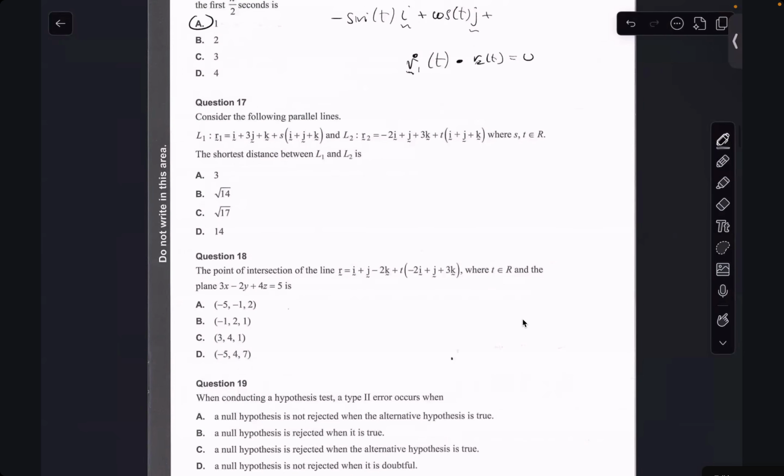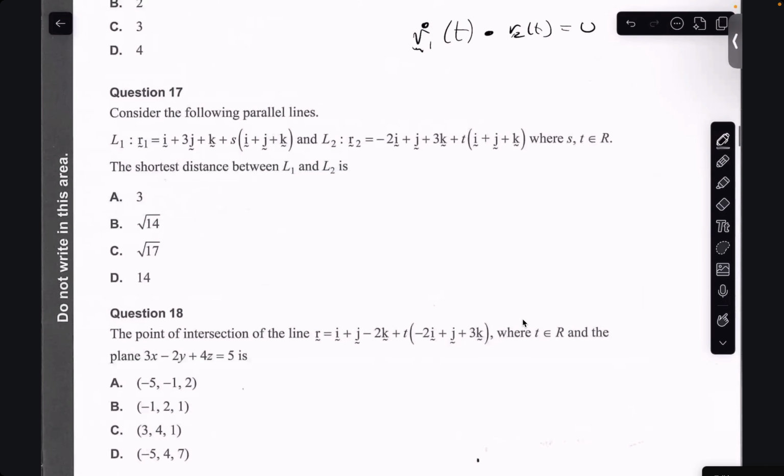Consider the following parallel lines. The shortest distance between L1 and L2 is... Okay, so if this is L1 and this is L2, any point on this is 1 plus s, 3 plus s, and 1 plus s again.